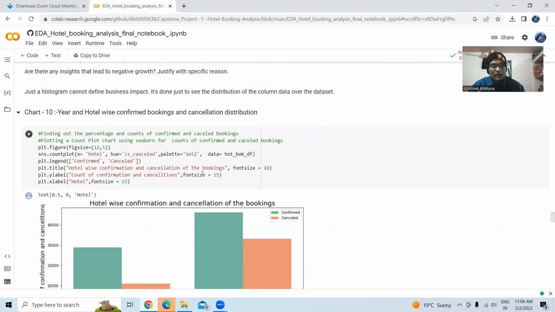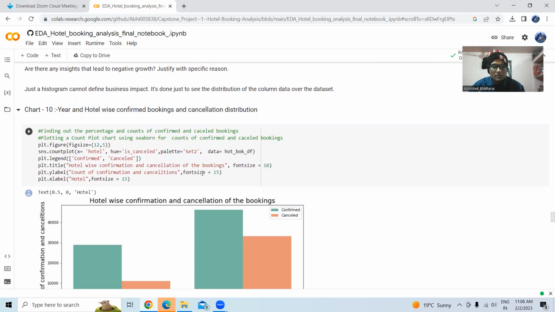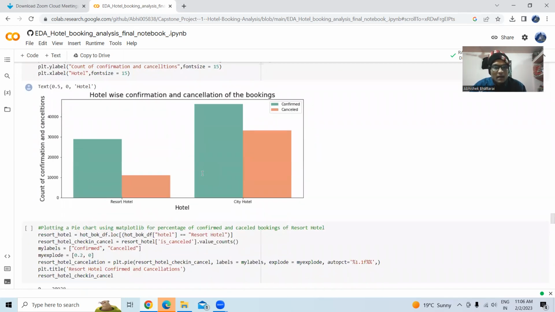In chart 10, we have plotted the graph of year and hotel-wise confirmed booking and cancelled distribution. Here you can see the hotel-wise confirmed and cancelled bookings; the two colors show confirmed and cancelled bookings. City Hotel has fewer cancellations.